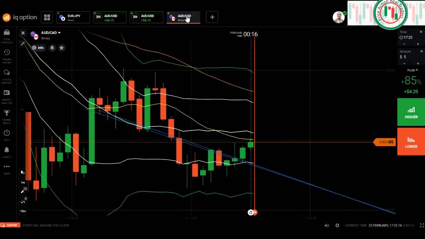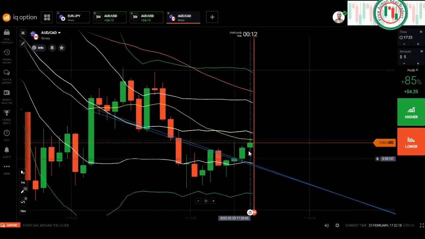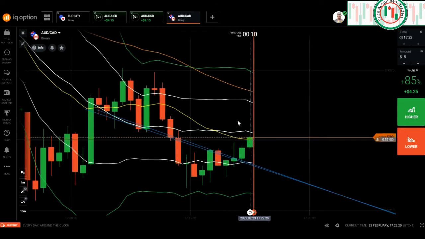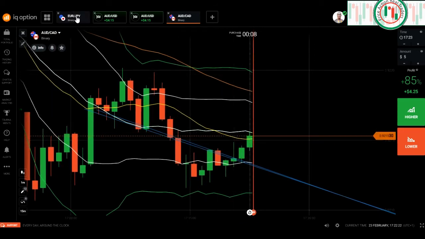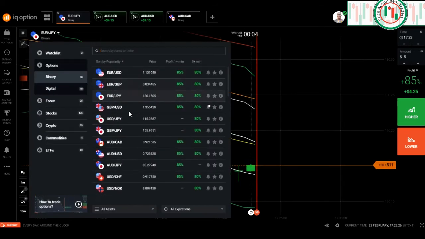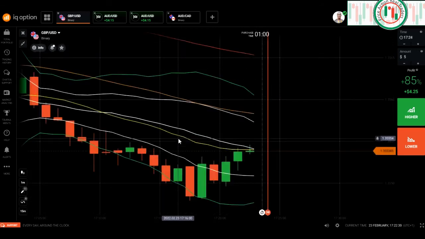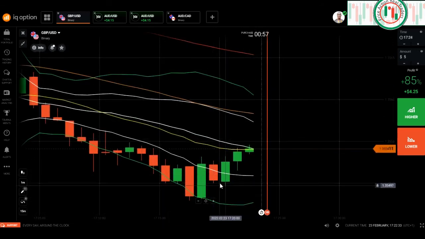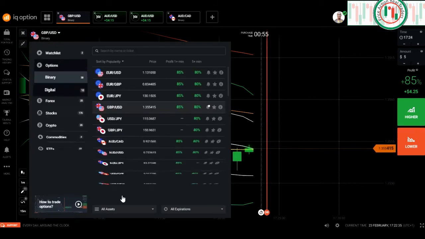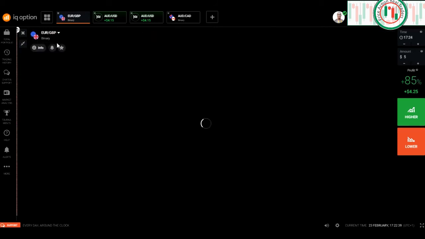Let me check another one. Here is another double bottom, so no pullback trade here, it will fail. Let me check another opportunity. I'm trading only pullback, so that's why, you see, here is another, all of them are double bottoms.